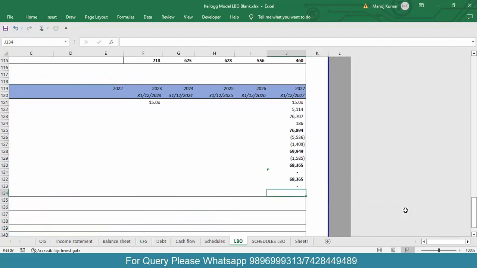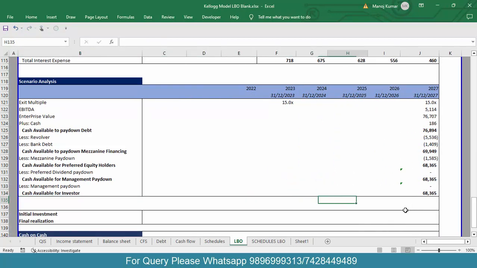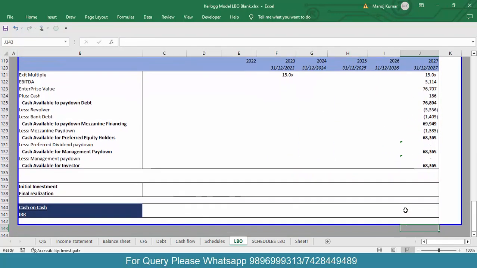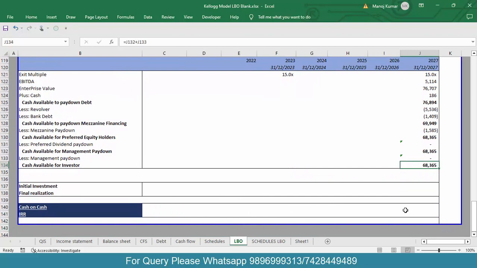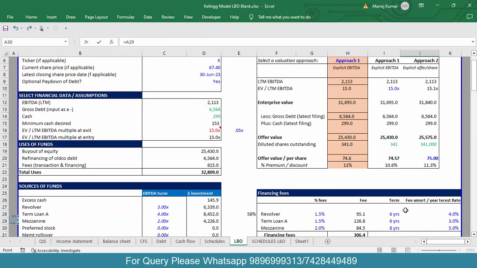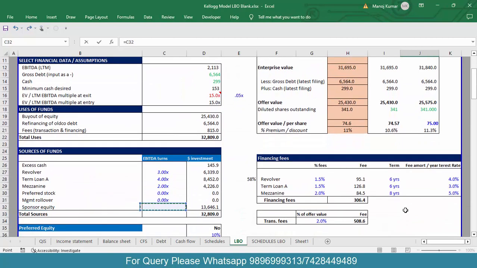Now here equal to this minus, not minus, plus this, because this value we have entered with a negative sign, so we have to plus it so that it is actually deducted. Now final step. So this amount you are going to get if you sell this company after 5 years. But what was the amount you invested? Equal to, come here and look for sponsor equity.